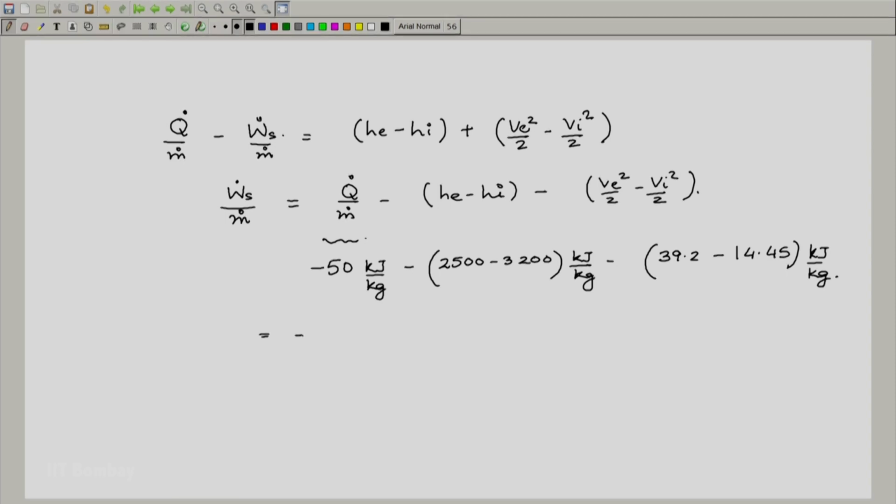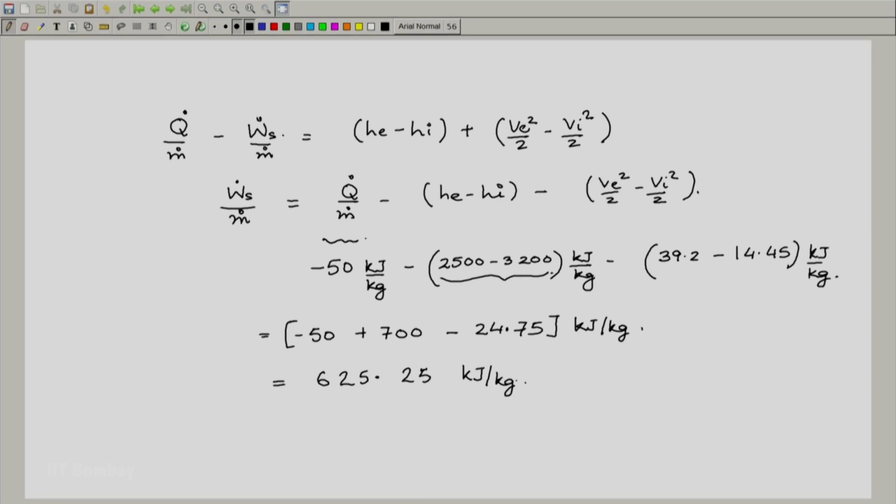So this is equal to minus 50, and negative and negative gives positive, plus 700, and we have minus 24.75, all in kilojoule per kg, and we get this finally as 625.25 kilojoule per kg. So this is W dot S by m dot, the specific work output from the turbine, of the order of 625.25 kilojoule per kg.